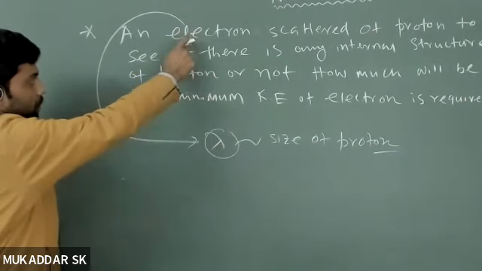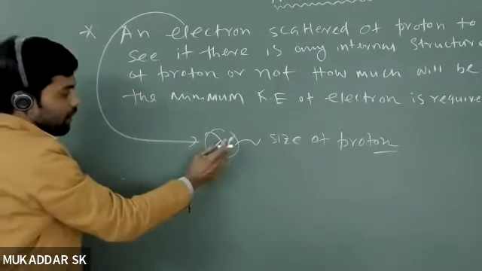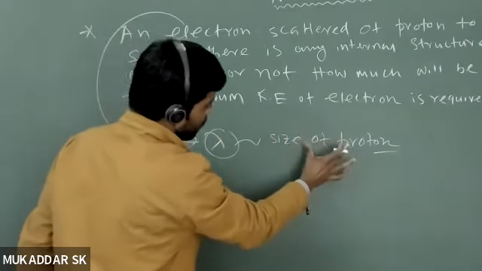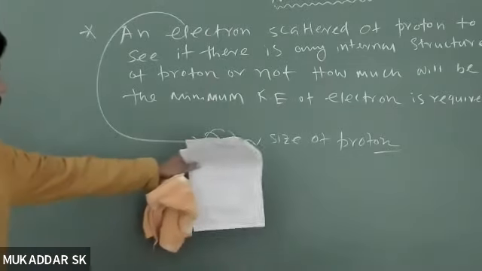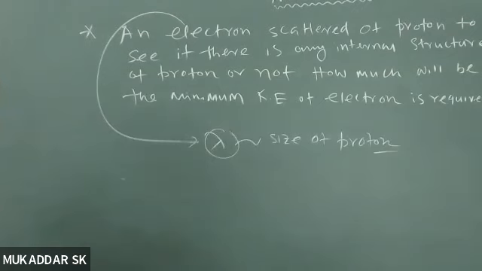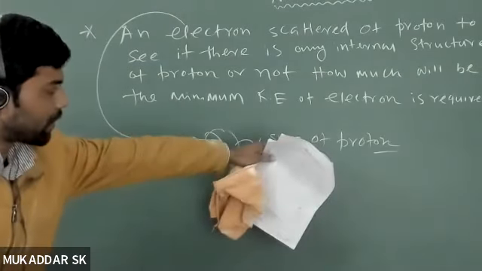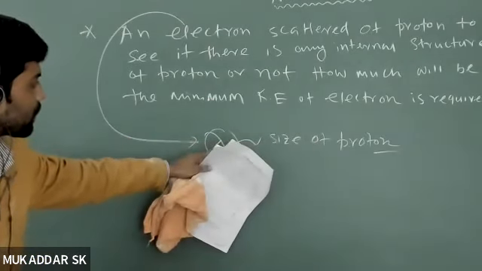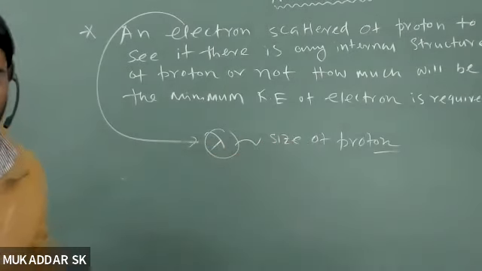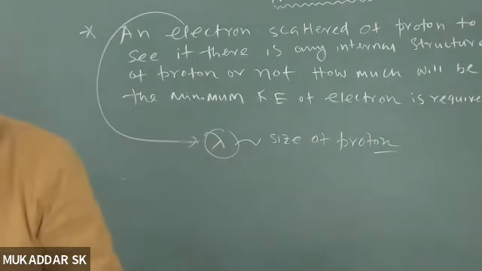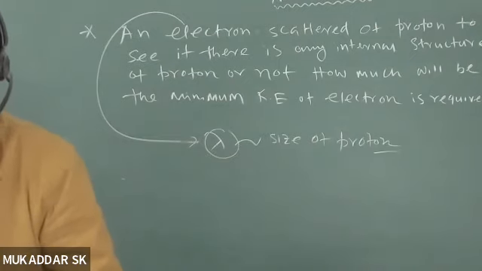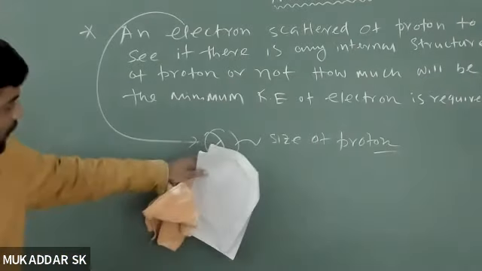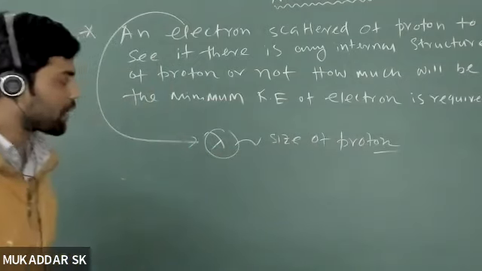So when you are using that electron, तो इसका वेवलेंथ एटलीस्ट कितना होना पड़ेगा? एटलीस्ट दैट वेवलेंथ ऑफ दिस इलेक्ट्रॉन शुड बी साइज ऑफ द प्रोटॉन। At least that size of wavelength of this electron should be equal to size of the proton. अगर वेवलेंथ इलेक्ट्रॉन का इससे छोटा भी है तब भी आप देख पाओगे प्रोटॉन का स्ट्रक्चर को। अगर वेवलेंथ प्रोटॉन साइज से बड़ा है तो आप इन्वेस्टिगेट नहीं कर पाओगे। बट अगर इलेक्ट्रॉन का वेवलेंथ का साइज प्रोटॉन से बड़ा है तो आप प्रोटॉन का जो इंटरनल स्ट्रक्चर है यू कैन नॉट इन्वेस्टिगेट दैट। तो एटलीस्ट जो है वेवलेंथ कितना चाहिए आपको? शुड बी साइज ऑफ प्रोटॉन। अब प्रोटॉन का साइज कितना होते हैं?